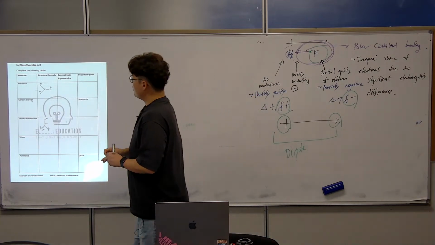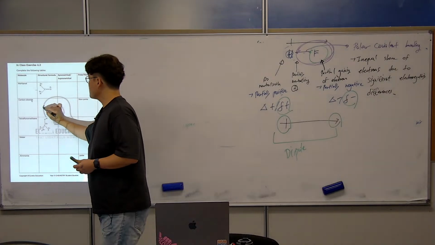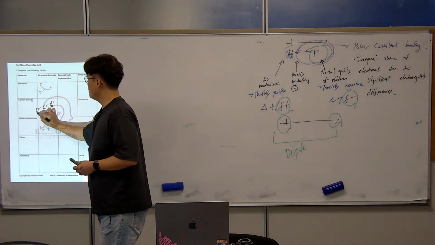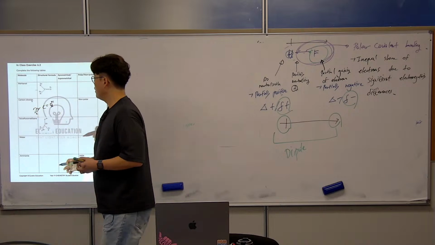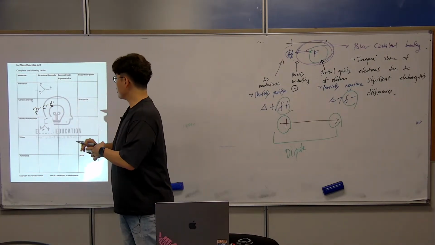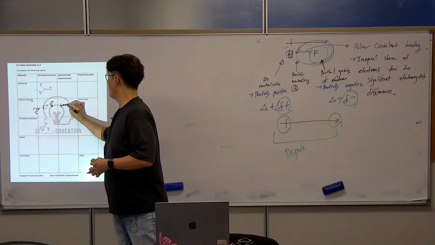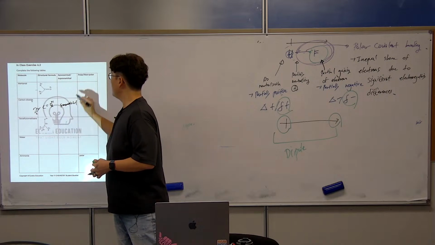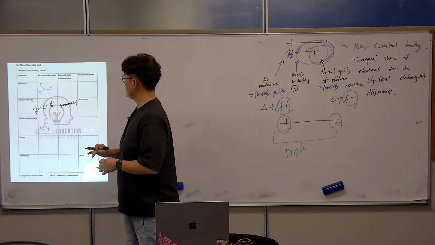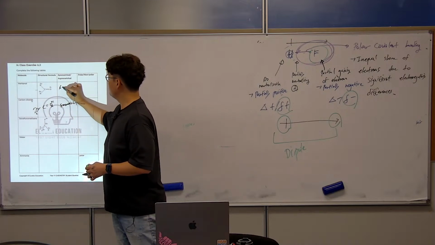So the carbon dioxide structural formula would be like this. Now what you see there is a symmetrical shape. Carbon dioxide, the linear shape.